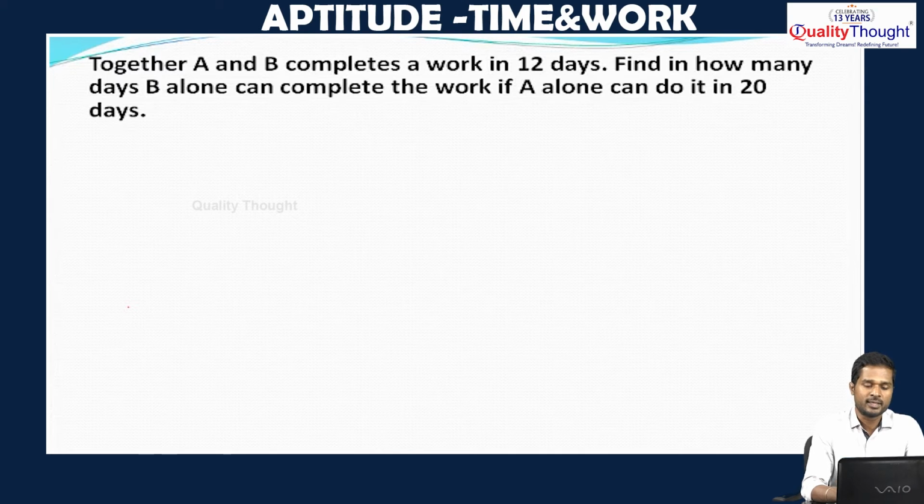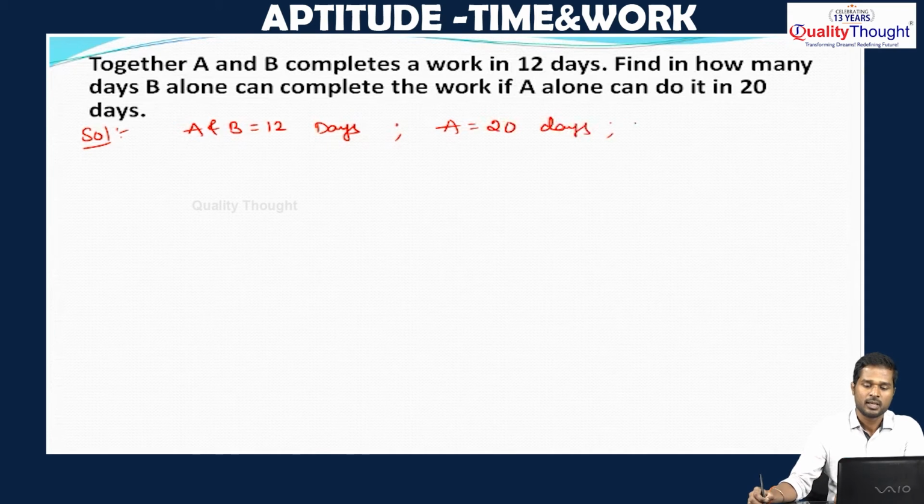Find in how many days B alone can complete the work if A alone can do it in 20 days. So in the previous question we have seen that the days are given for A and B individually. Let's see the second question. In this question he has given the total days taken by A and B together. A and B together will take 12 days to complete the work, and A alone takes 20 days to complete the work.